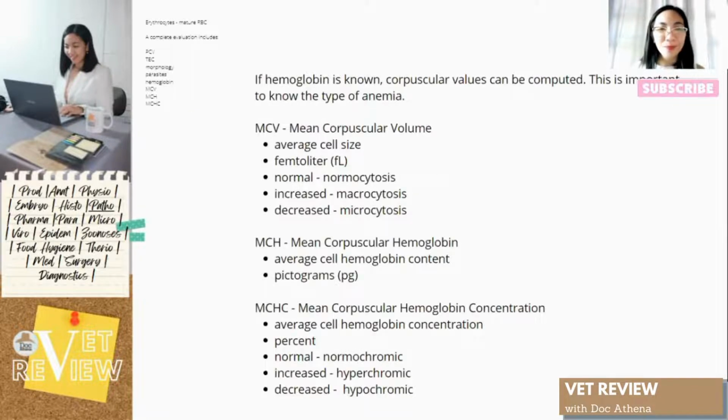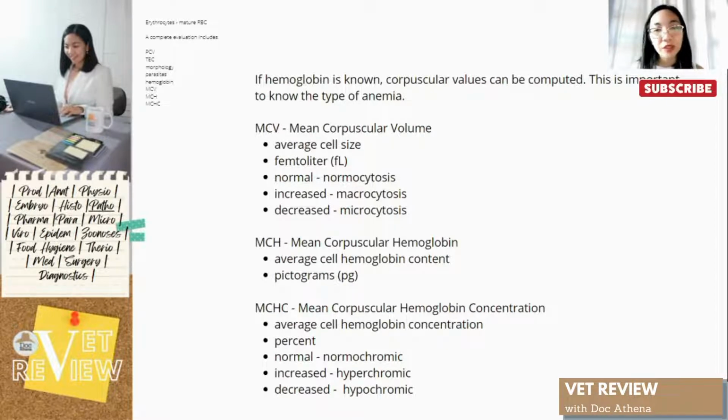All right. Okay, so now if hemoglobin is known, corpuscular values can be computed. And this is important to know the type of anemia. Now, we have 3 values: MCV, MCH, and MCHC.